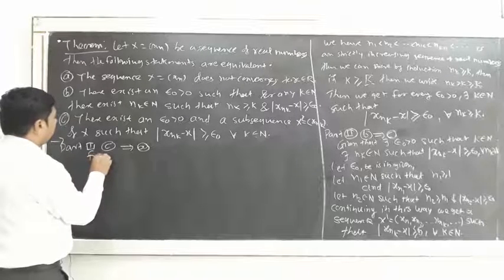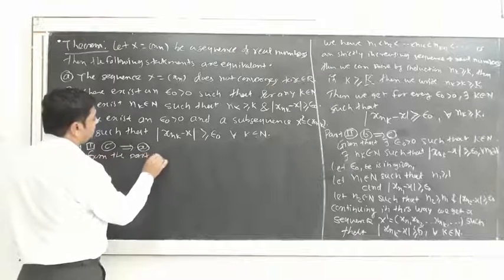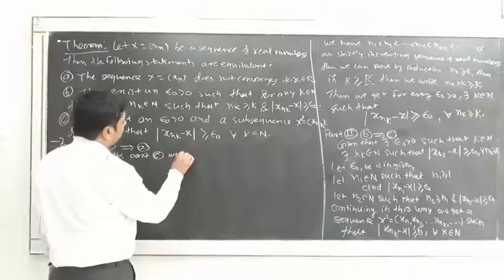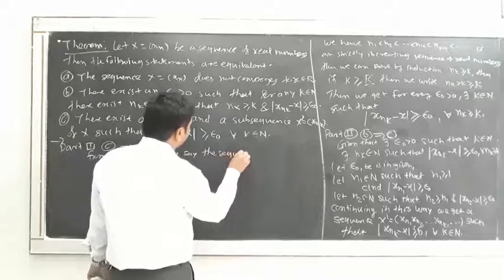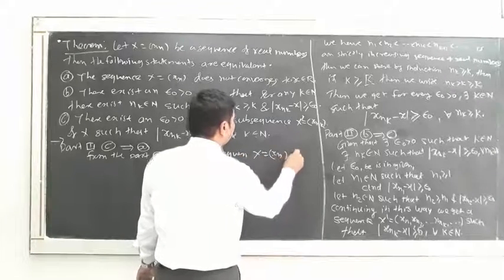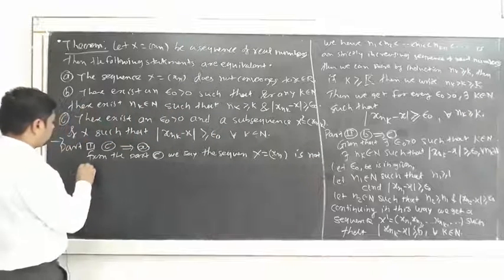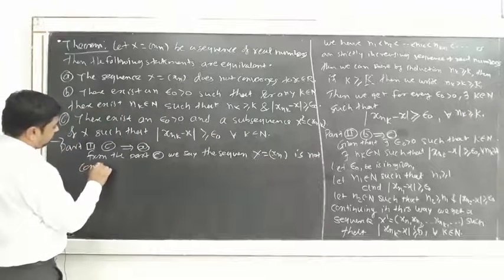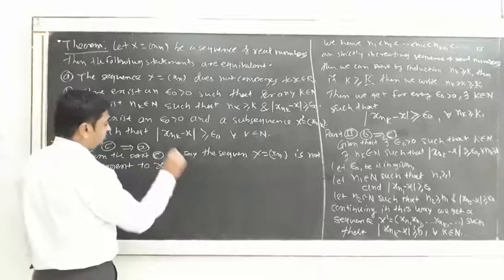From part C, we say the sequence x equal to xn is not convergent to x.